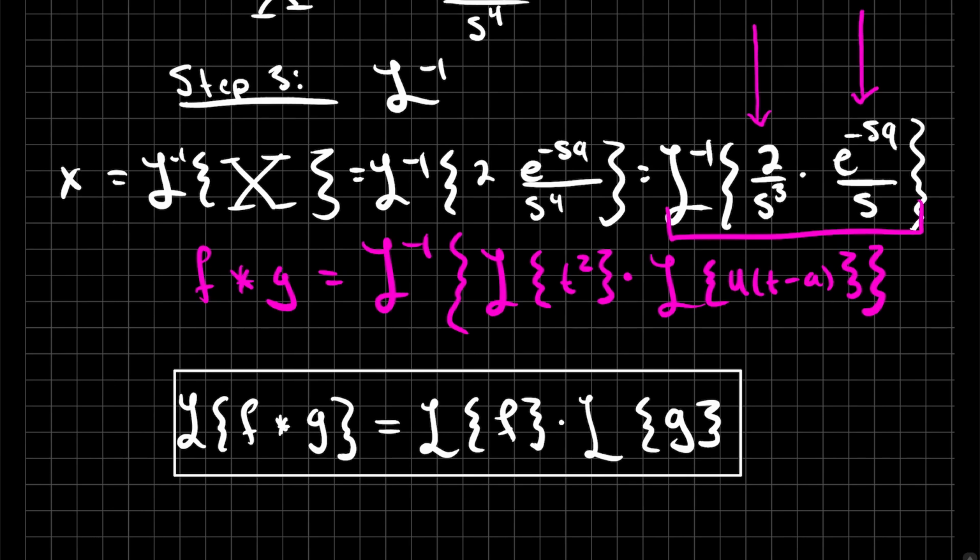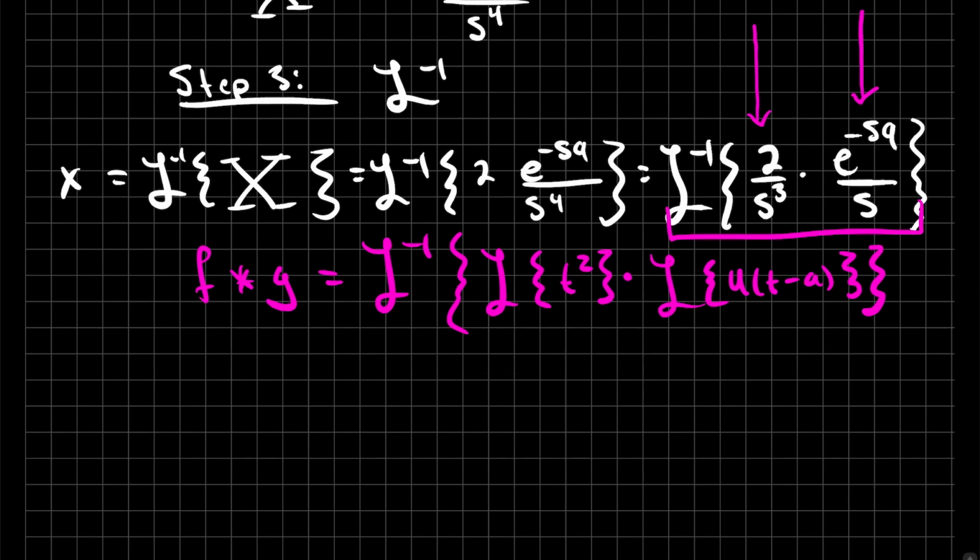This is useful because now we know what x is. Connecting the equalities, this is exactly what x is. The solution x is going to be the convolution of t squared and the Heaviside function.